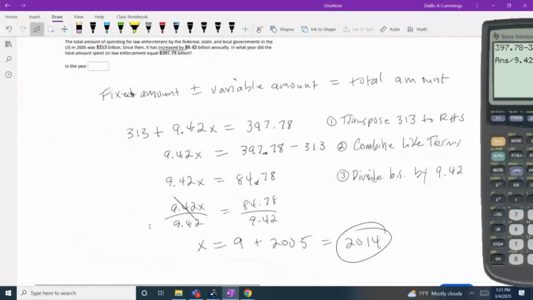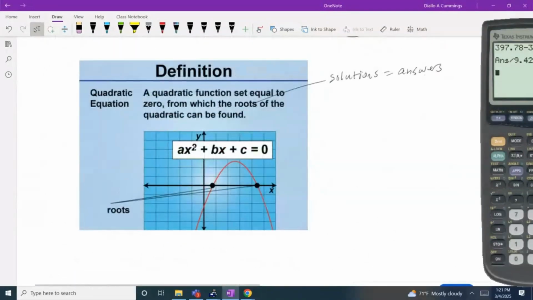For a quadratic equation, the largest exponent is 2, right? You can have exponents to the first power, but the largest one can't exceed the number 2, right? So anytime you see equations with variables squared, those are quadratic equations. The way you solve a quadratic equation and the way you solve a linear equation are totally different.